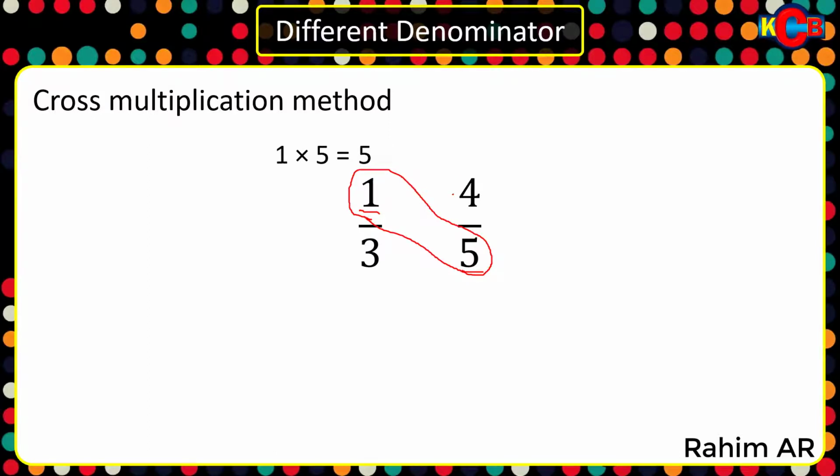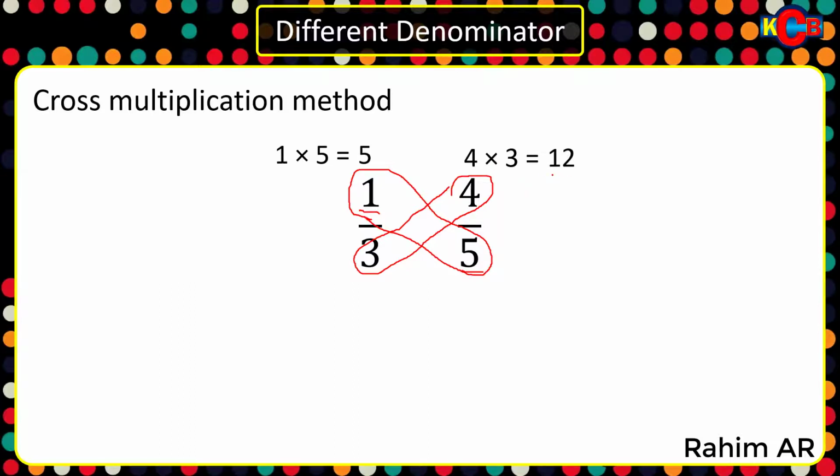Next, we do the cross multiplication here, starting from 4, going to 3, then 4 multiplied by 3. 4 times 3 equals 12.